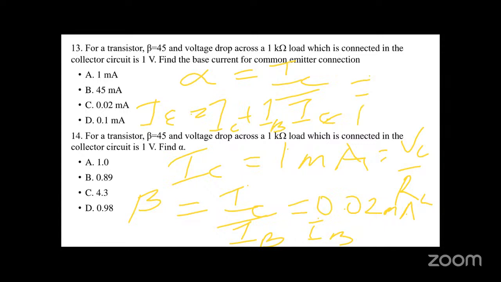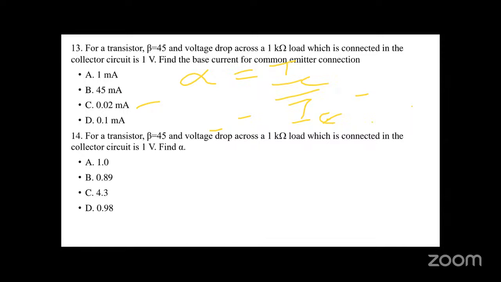IC is 1 milliamp, IB is 0.02 milliamp. So IE will be 1.0 milliamp.